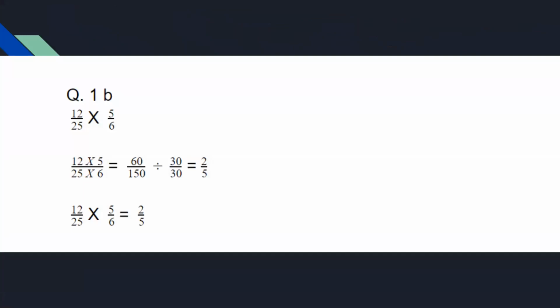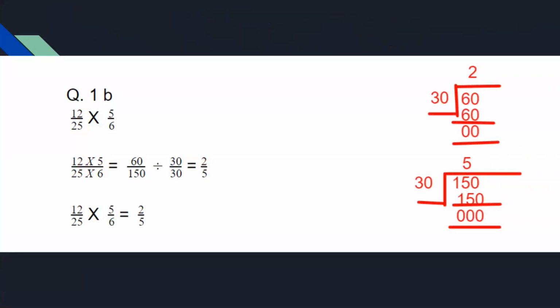Let's start with Exercise 8B of your book, question number 1, part B. The question is 12 upon 25 into 5 by 6. Let's multiply the numerators. 12 into 5 equals 60. 25 into 6 equals 150. Now, we know 60 and 150 both are divisible by 30.